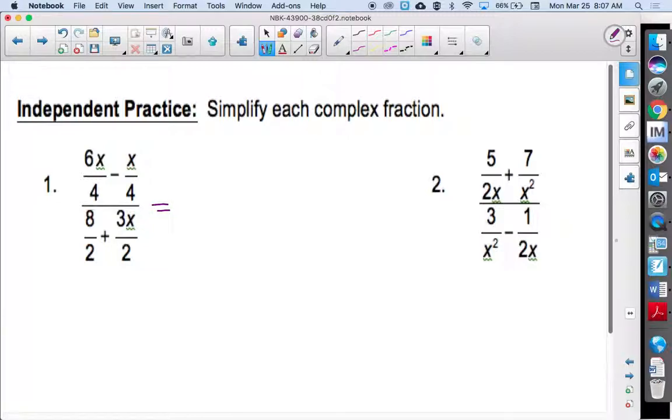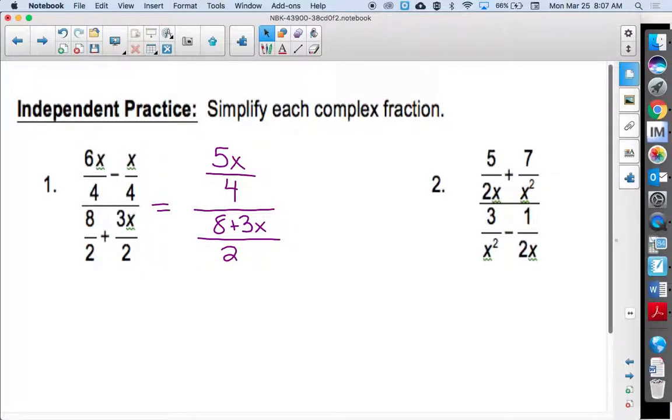So 6x minus x gives us 5x. 8 plus 3x is just going to stay as 8 plus 3x, and then divided by 2. So the denominators are already common. You don't need to do anything different, just combine the top together, combine the bottom together.